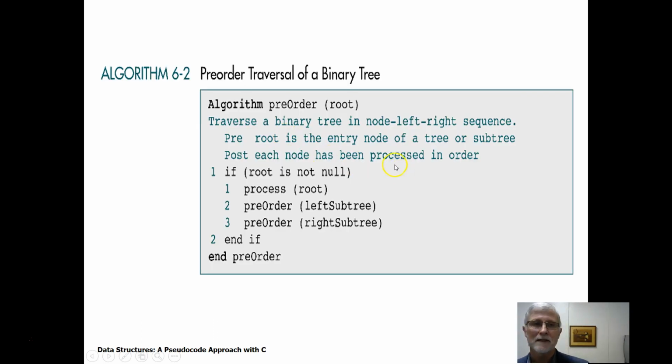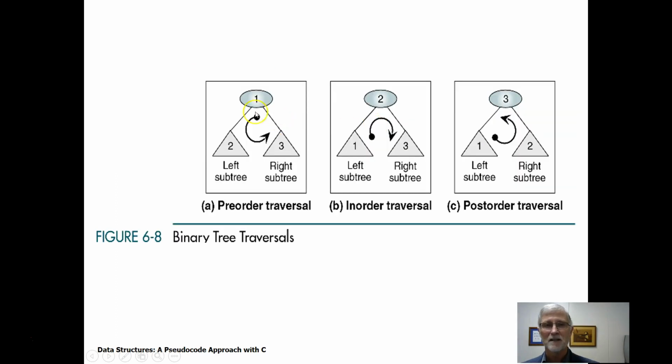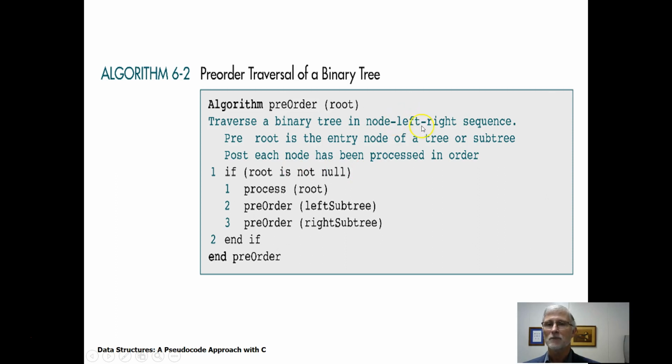So let's look at the pre-order traversal of a binary tree. Since it's pre-order, I'm going to process the node first and then go on to the children, starting with the left and then going to the right. So my precondition is I got a root with an entry node of a tree or subtree, like I said, tree or subtree. So what's that going to lead us to? That is going to lead us to recursion.